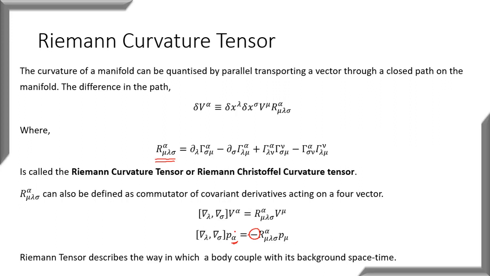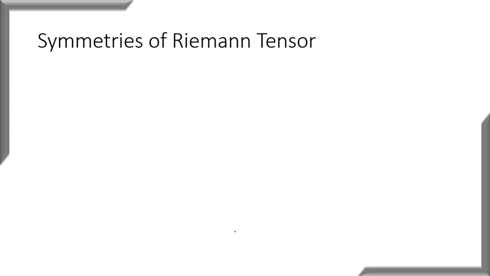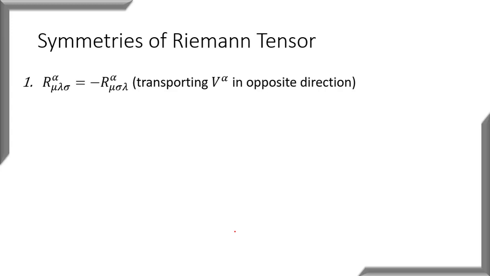general relativity. Now the Riemann tensor has many symmetries. Let's look into some of the symmetries. One of the Riemannian symmetries is that when I interchange these two indices over here, I get a negative curvature.